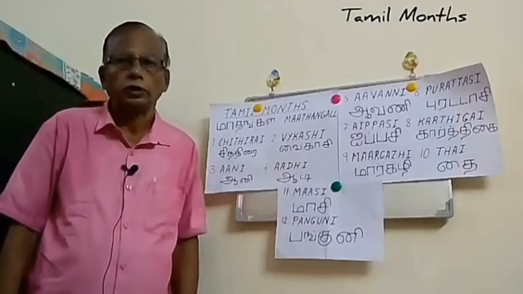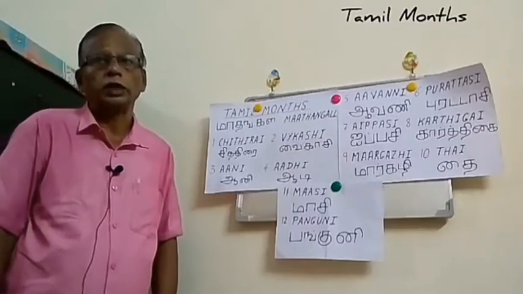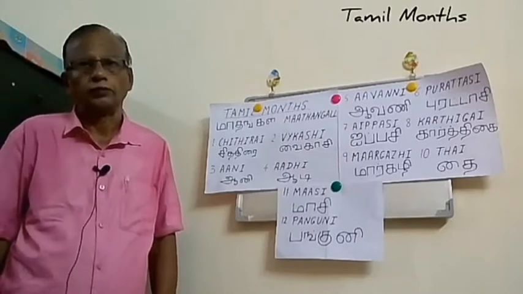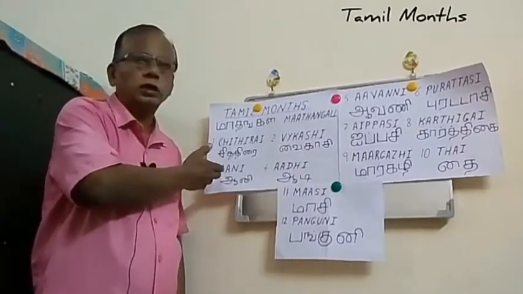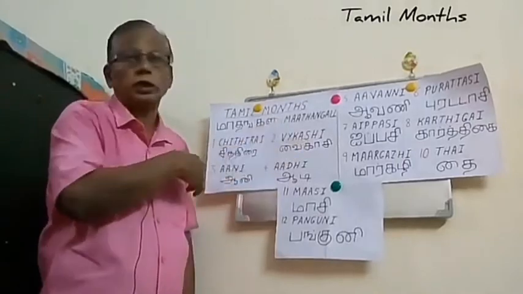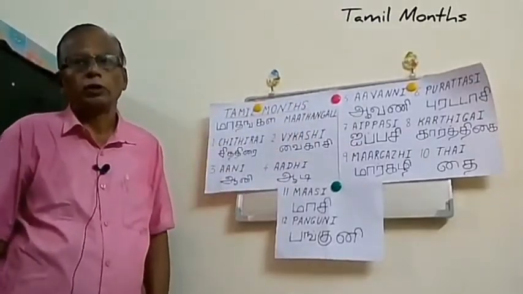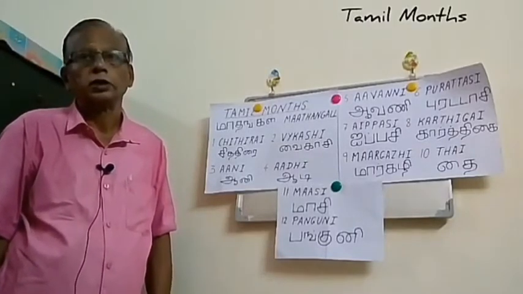In the north, a child born in Panguni is named Phalguni. In the same way, Aipasi is called Ashwin Mahina, and a boy born in the month of Aipasi is named Ashwin.